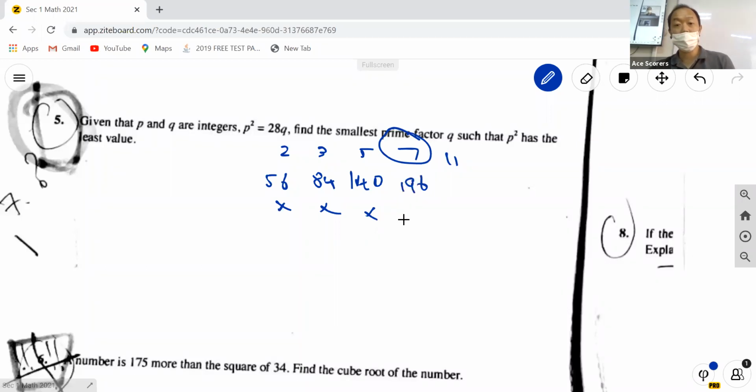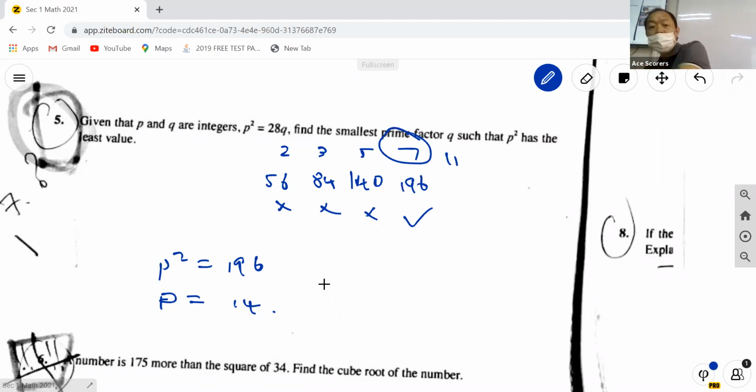So if P squared equals 196, P equals 14. So the smallest prime number Q equals 7. That's it.